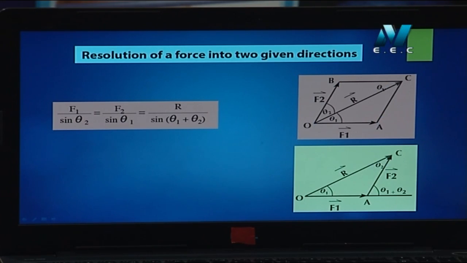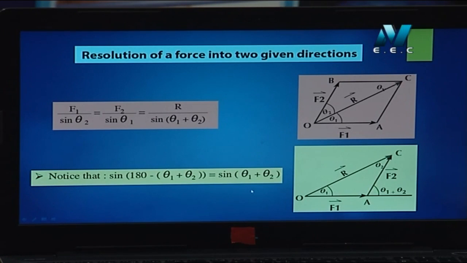So we can put theta 2 here, and we already have theta 1 here, and we have the sum of them, because this angle is an exterior angle of the triangle, so it equals the sum of theta 1 and theta 2. And the angle CAO is 180 minus (theta 1 plus theta 2) because it is the supplementary angle.